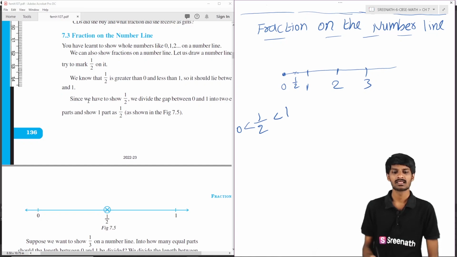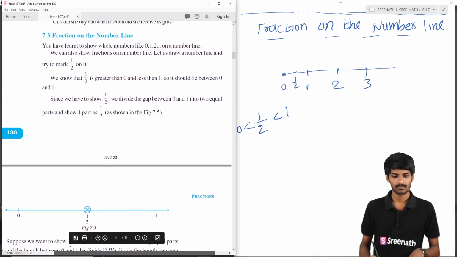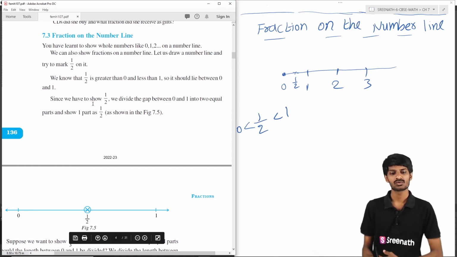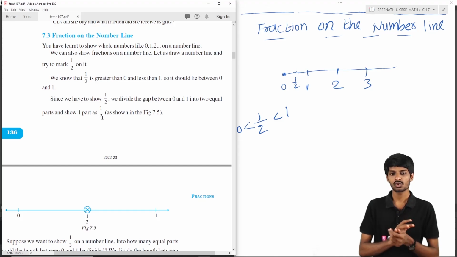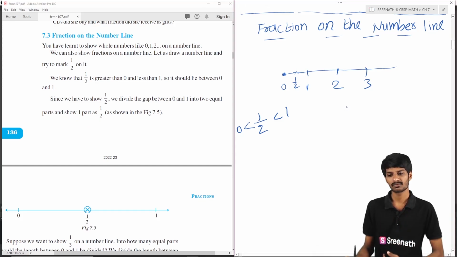So students, since we have to show 1 by 2, we divide the gap between 0 and 1 into 2 equal parts and show one part as 1 by 2. So 1 by 2 means what, students?